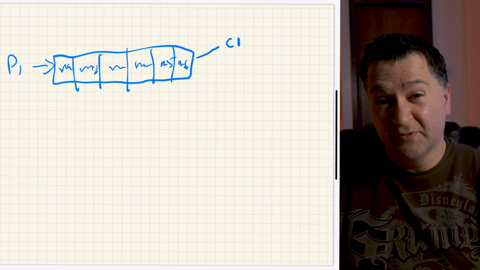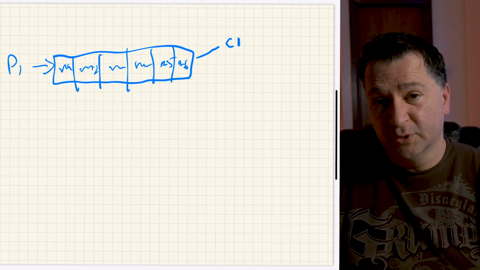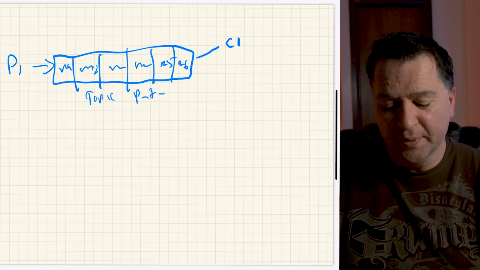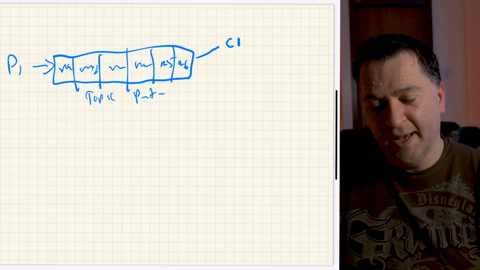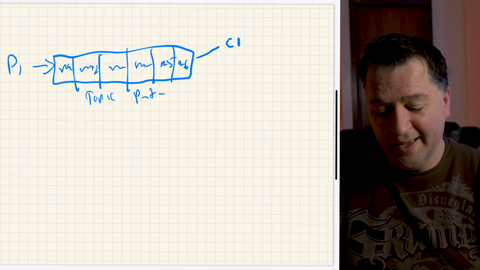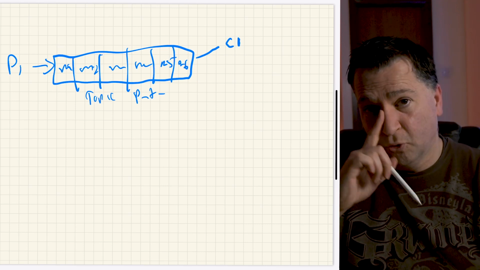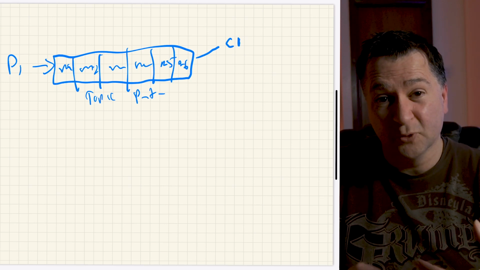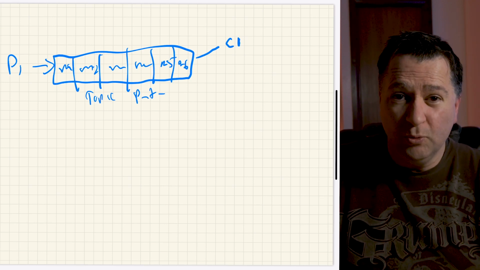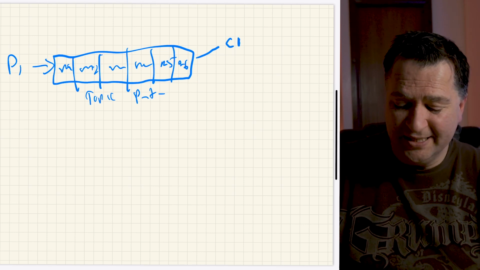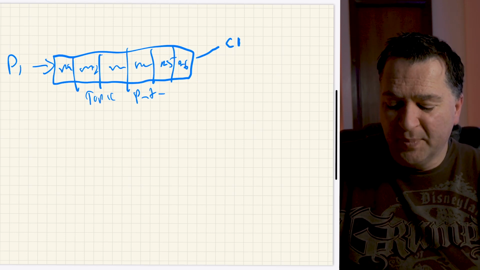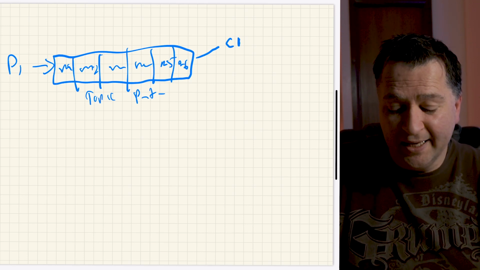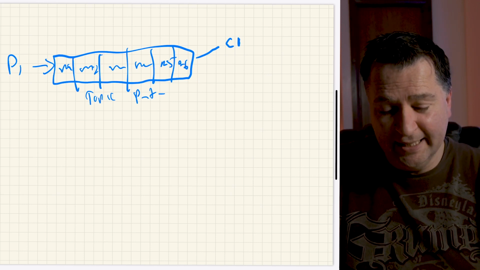Because if I have multiple consumers able to read from that topic partition, then I can't guarantee the order anymore, because consumer 1 could read M2, consumer 2 could read M3, consumer 4 could read M4. So they would be reading and processing things in a different order, and therefore the order can't be maintained. So the only way that you can guarantee message ordering is by having a single consumer able to read a topic partition at any time.